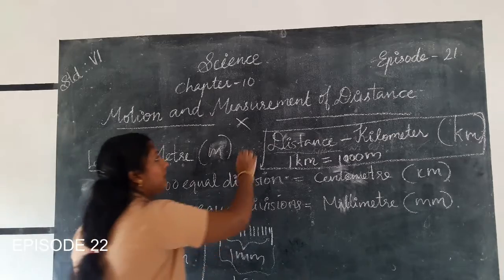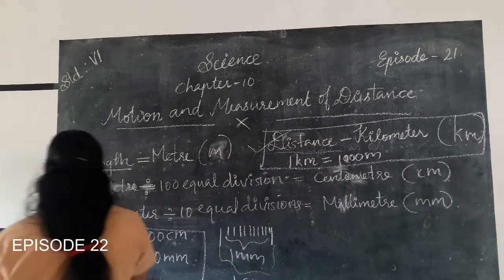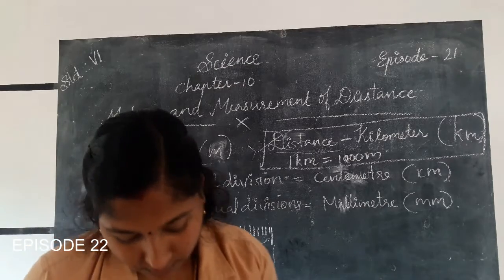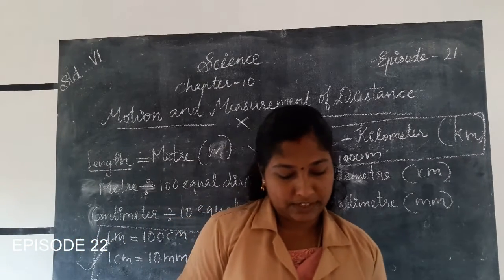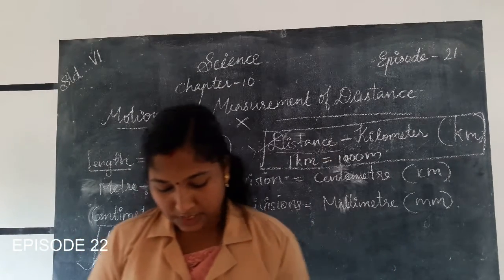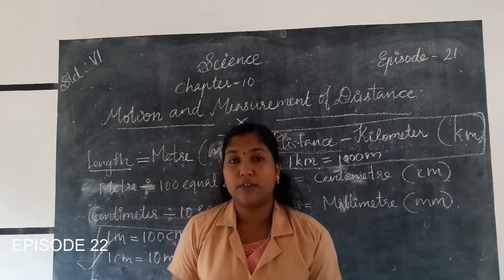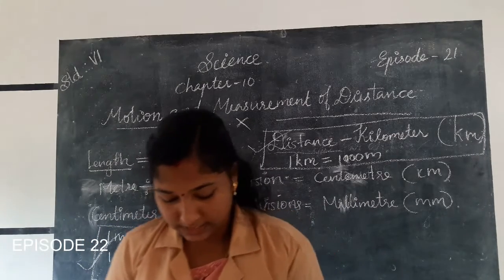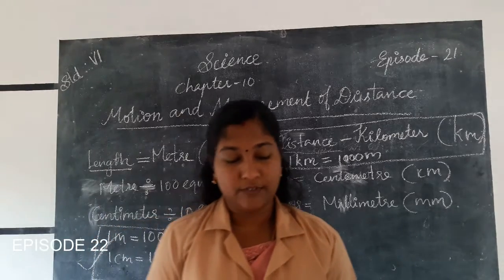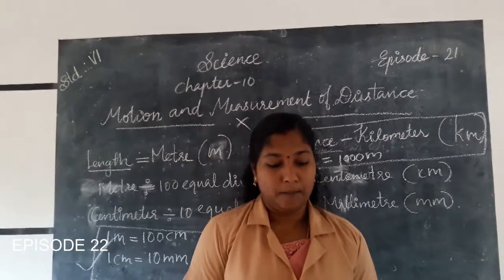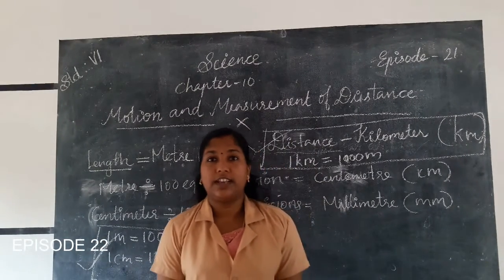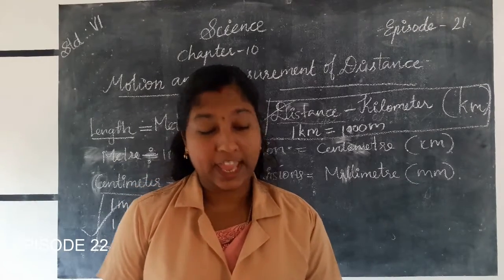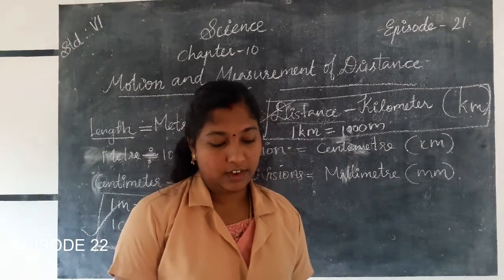Did all of you understand about measurement of distance and measurement of length? Next, how can we measure length correctly with the scales? We use a meter scale for measuring length. A tailor uses a tape for measuring.